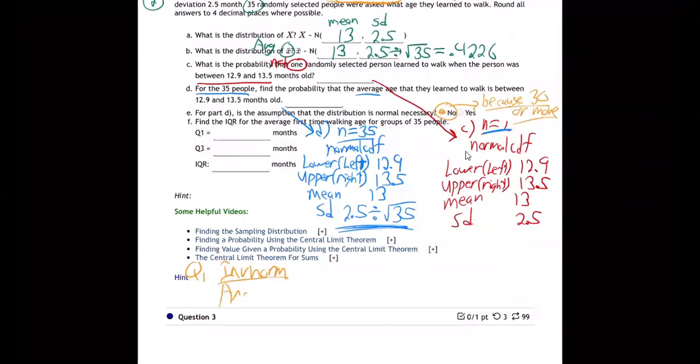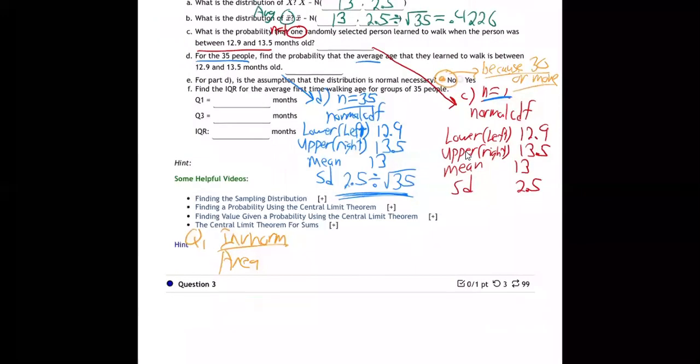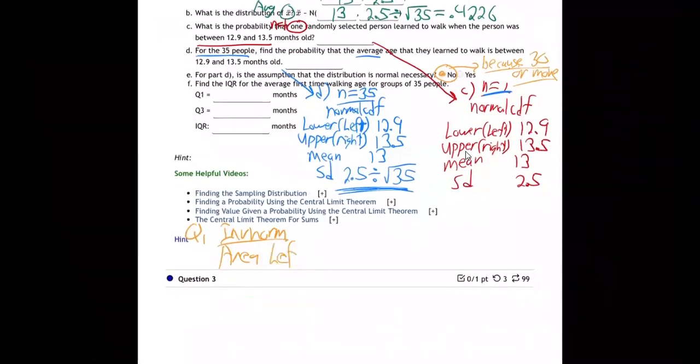And they're going to ask you area to the left. And that's going to be 0.25 because Q1, you're at the end of the first quarter. Into the first quarter of a football game, basketball game, you're 25% of the way through the game. And they want you to have the mean, and the standard deviation. The mean is the same mean it was right here and right here, 13.